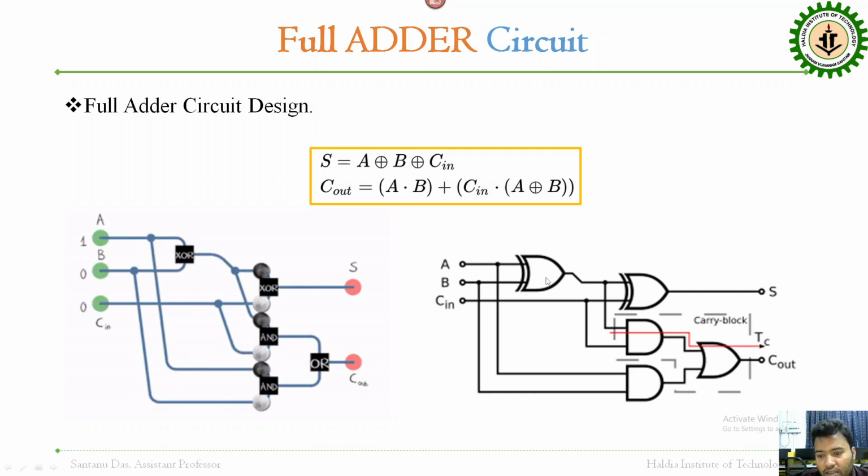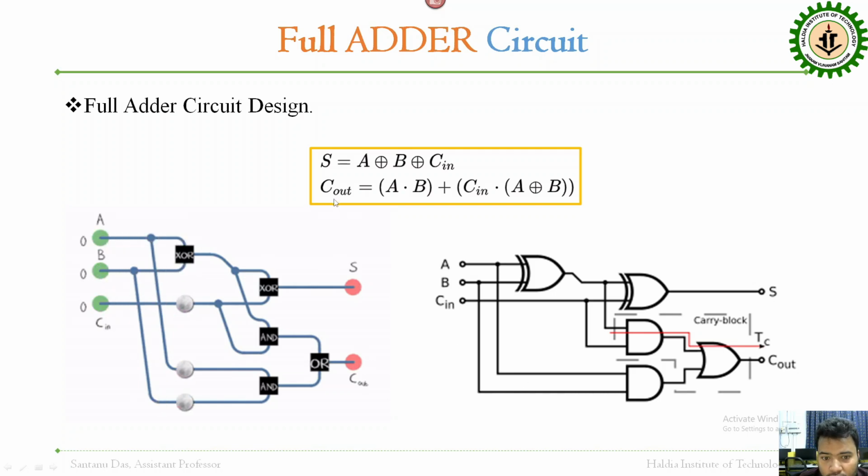So in this gate we are going to input A and B and get the result A XOR B, and in this gate we are taking input as C from here and the result of A XOR B from here. So the final output will be A XOR B XOR C, which represents the sum.